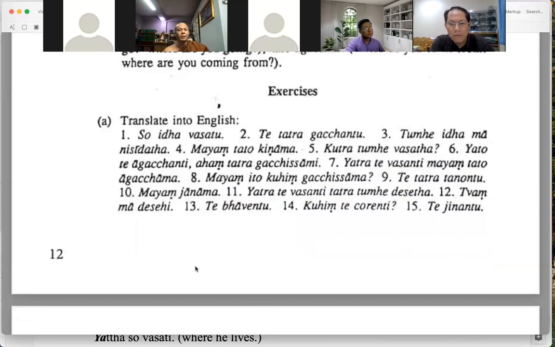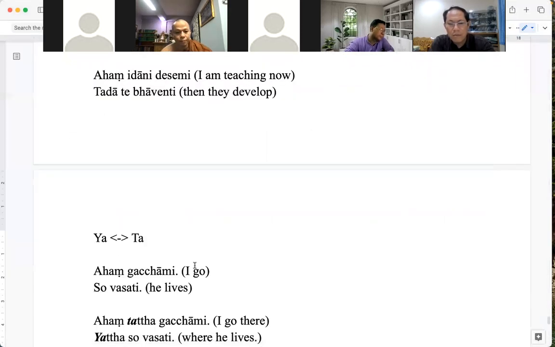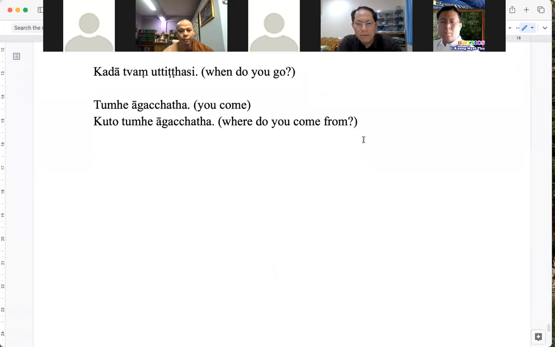So the first sentence, so the Pali sentence is to be translated into English. So I repeatedly told you, when we translate a Pali sentence into English, don't forget to analyze the verb. Here, the verb is vasatu, okay?